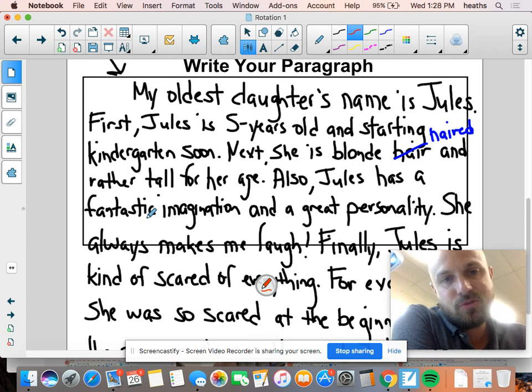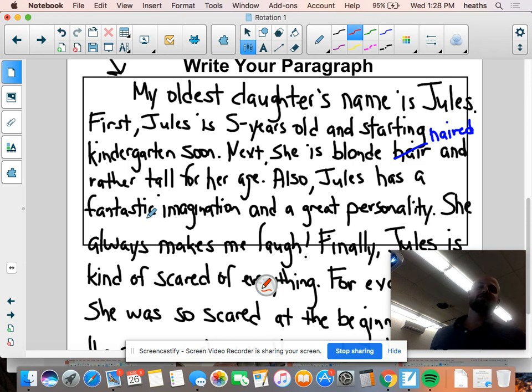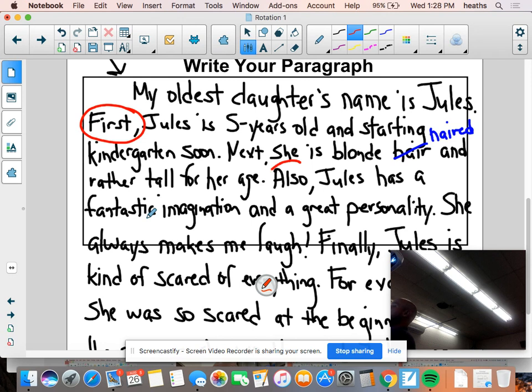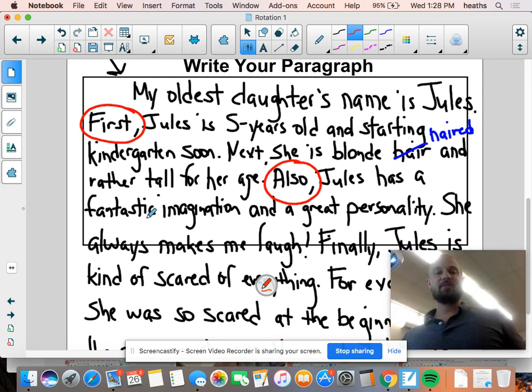You want to switch up the beginnings of every sentence so it's not always Jules, Jules, Jules, or whatever person's name you are talking about. A good way to do that is throw these transition words in there. My first explanation of Jules, I added the word first. Okay. My next sentence, I put also, signifying to my reader that I'm changing my thought and I'm going to tell you about something else.